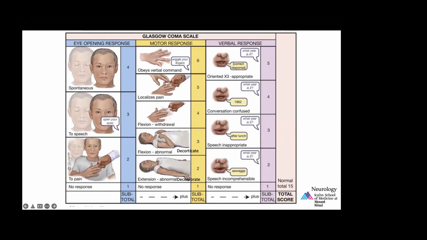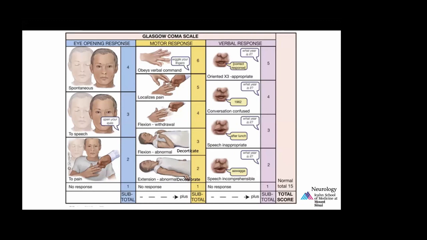And then the motor response is where it's a little tricky. And interestingly, in the original GCS, the original paper, there were only 5 levels here. But in a subsequent modification they added a 6. So normal motor is, you're able to move on command.